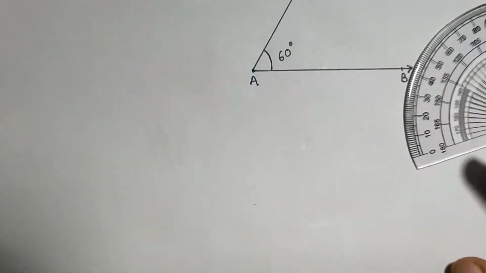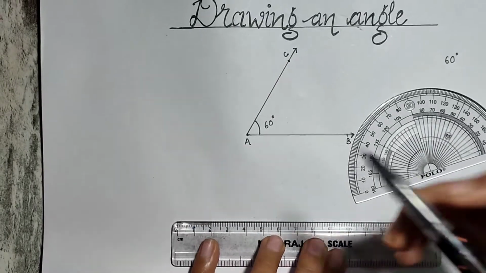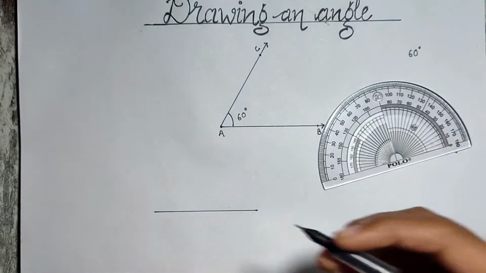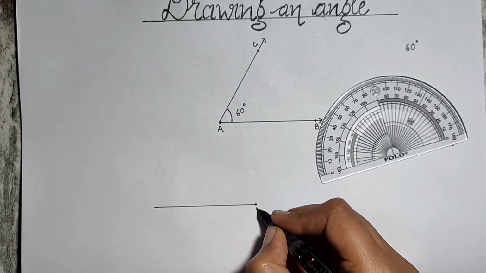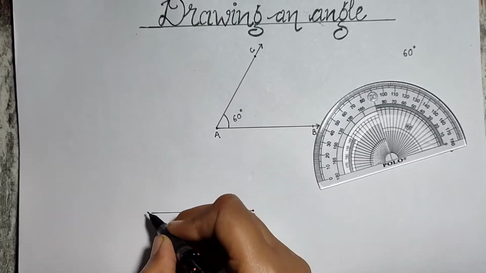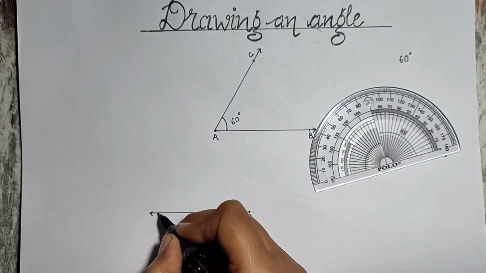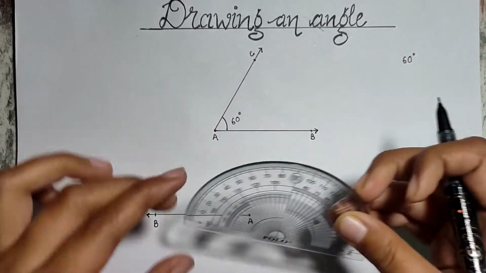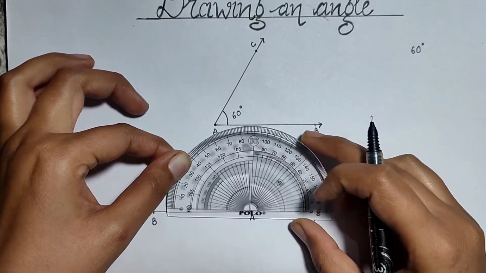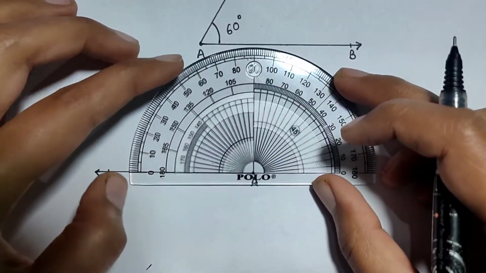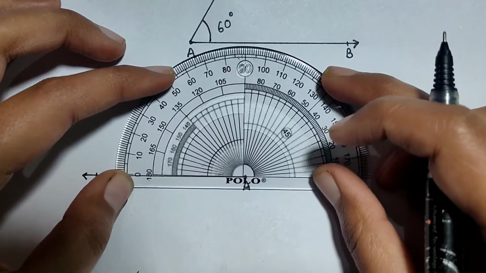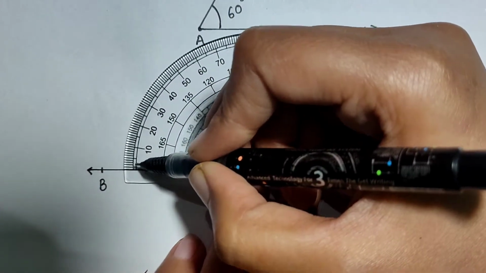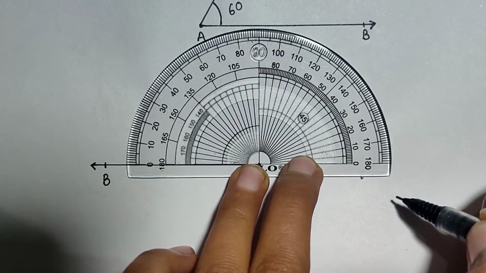Now if we draw any ray in such a way that the end is on the right side and the head of the arrow is towards the left, then if we keep the protractor coinciding 0 with this line, you can see that 0 will come on the upper readings given on the protractor.